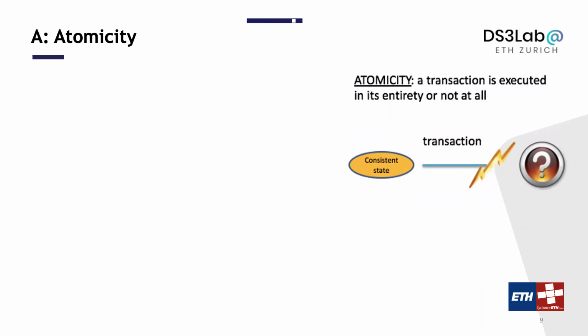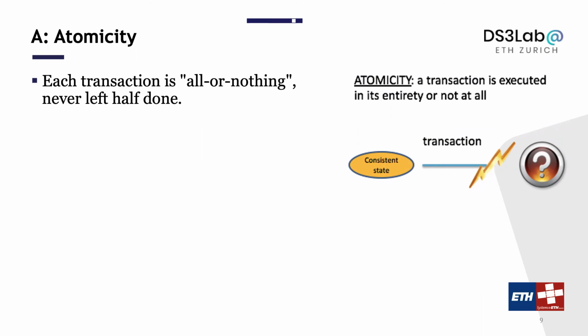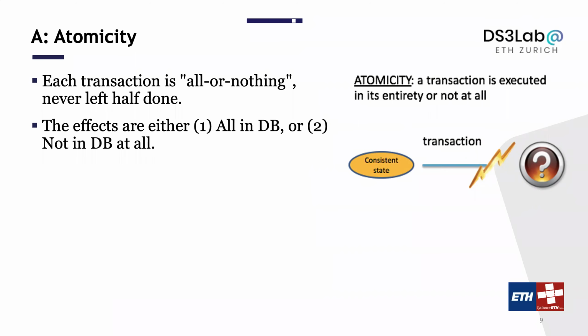Atomicity is very similar, but looks at the whole problem from a different perspective. Essentially, atomicity means that each transaction is all or nothing. You never have a transaction that is halfway done. So when you have a transaction running in the system, no matter when the system crashes, when we reopen it, you always have only two possible states.